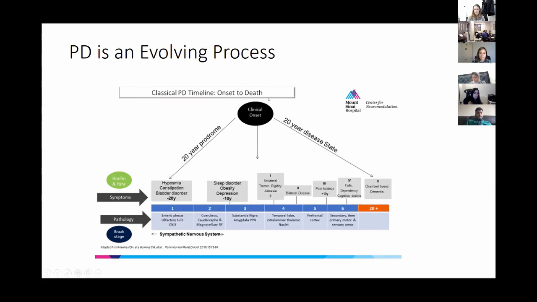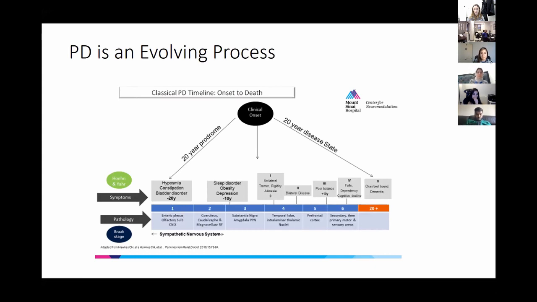By the time someone is actually diagnosed with Parkinson's, at clinical onset, they've lost about 60 to 80% of dopamine neurons already. So there's this whole prodromal phase, which we're not always looking at. And I think this is really where it's very important to be aware of some of the prodromal symptoms, because if you can catch Parkinson's earlier on because of them, you can help guide that diagnosis, so it doesn't become such an abrupt diagnosis for patients when they develop the motor symptoms.